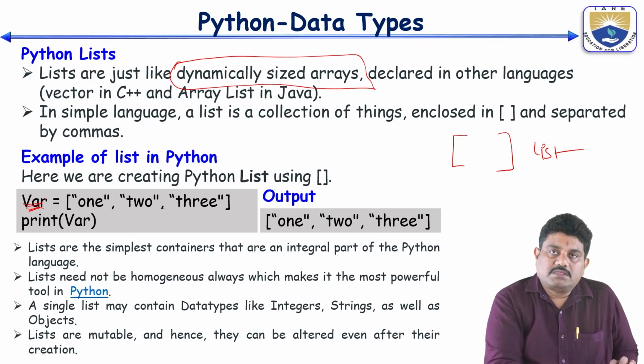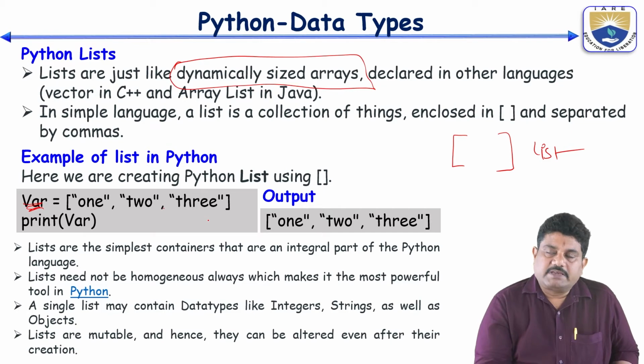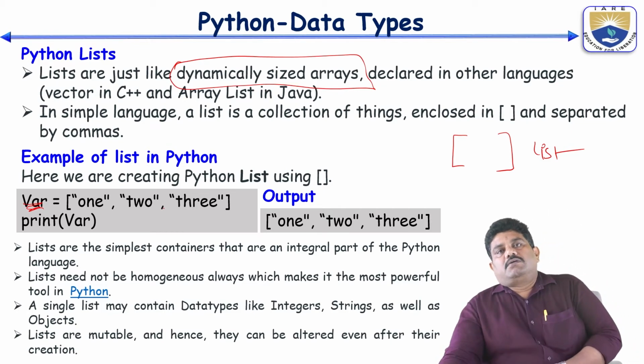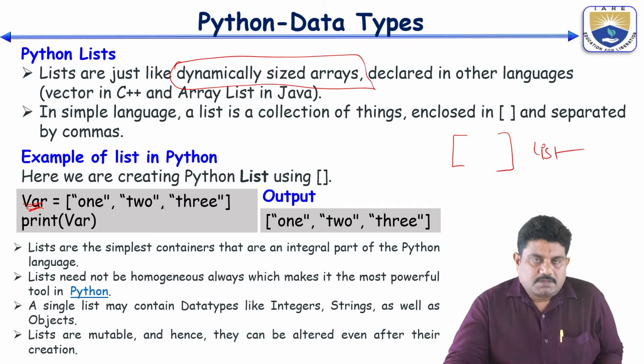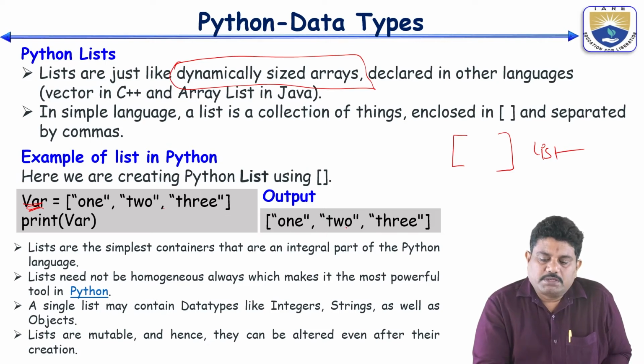With the single name, a variable, you can access three items: 1, 2, 3. That is the main advantage of these sequence types. With a single name, we can represent many values. When you print var like this, it prints 1, 2, 3.